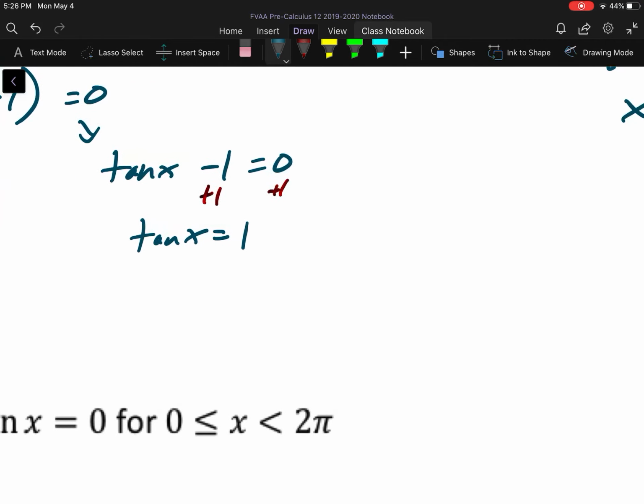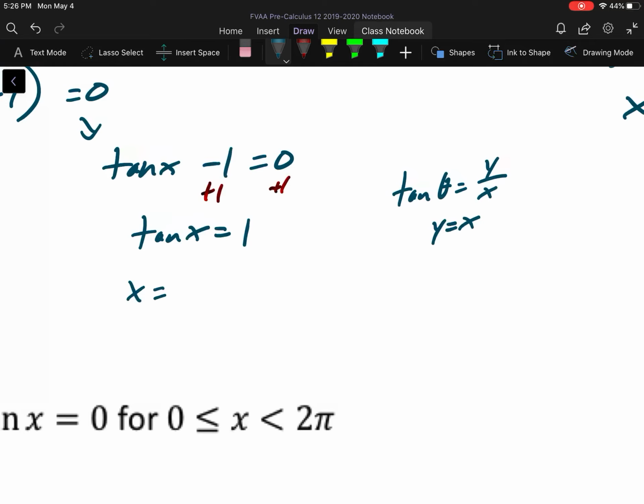Okay, and where on the unit circle is tan x equal to positive 1? This is where the y and the x value would equal each other, right? Tan theta is equal to y over x, and if y is equal to x, then tan x is equal to 1.